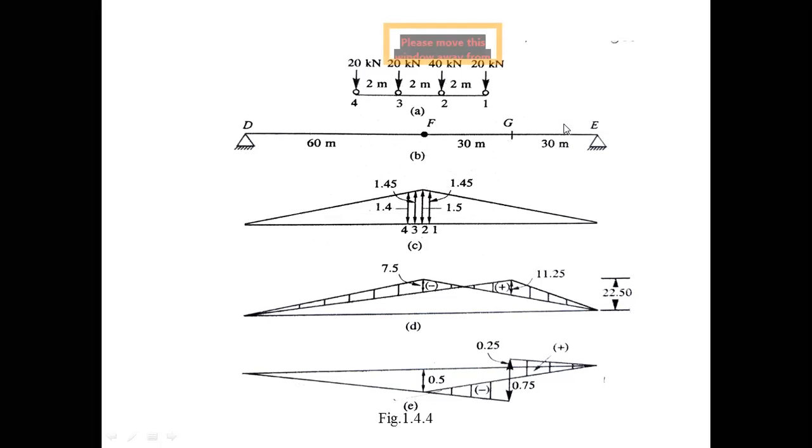Another parameter: what is the shear force and bending moment of the stiffening girder? That's what he asked. Where? Shear force and bending moment at the right quarter span, that is at the right side L/4, which means 30 meters from the support. This is the question.